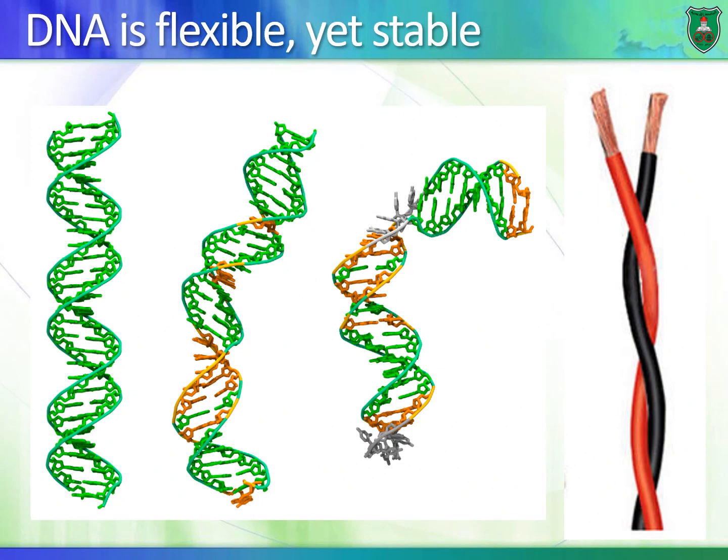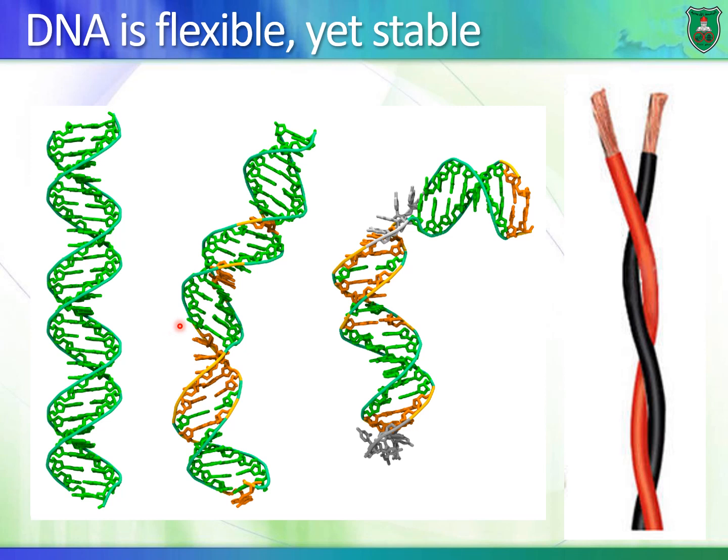Now, DNA is flexible yet stable. So it's like an electric wire. This electric wire, you can bend it easily, right? But you really cannot stretch it and break it up. So the covalent bonds, the phosphodiester bonds between the nucleotides are really stable and strong.